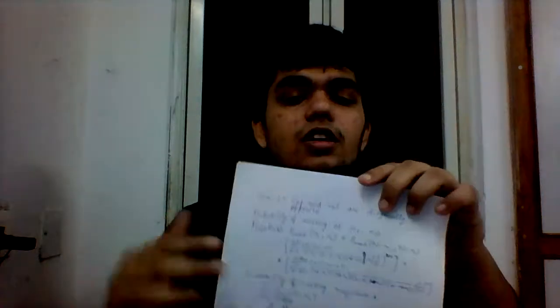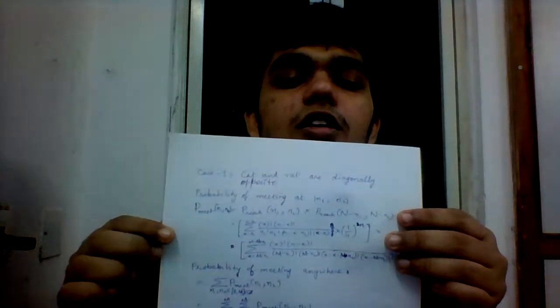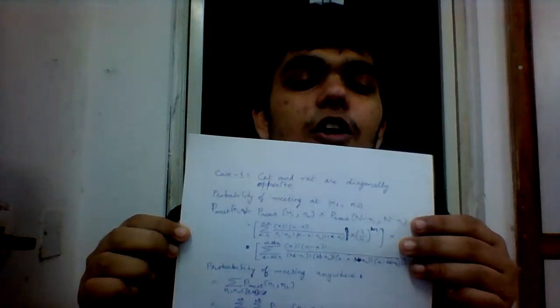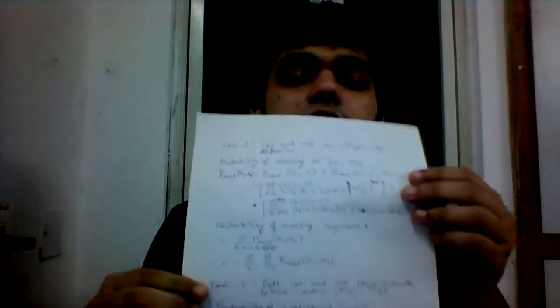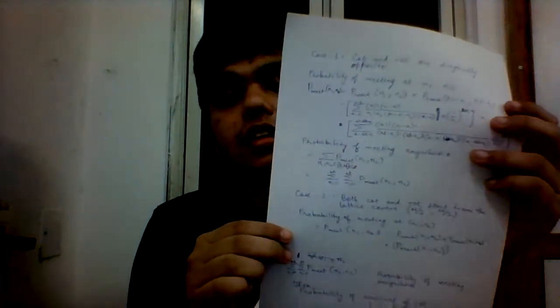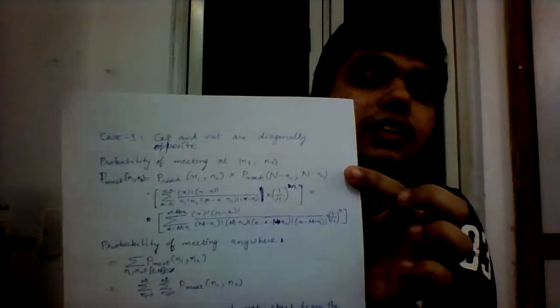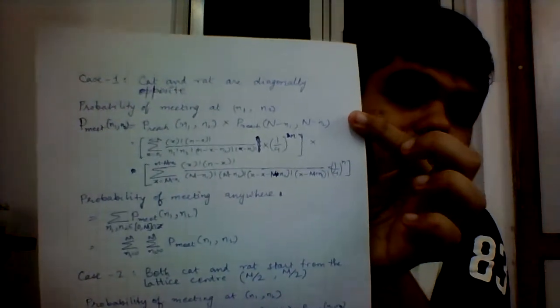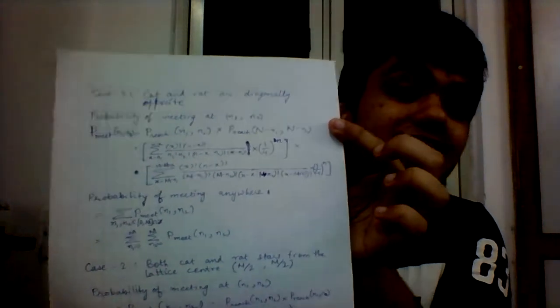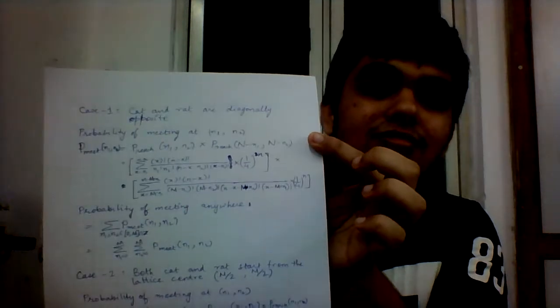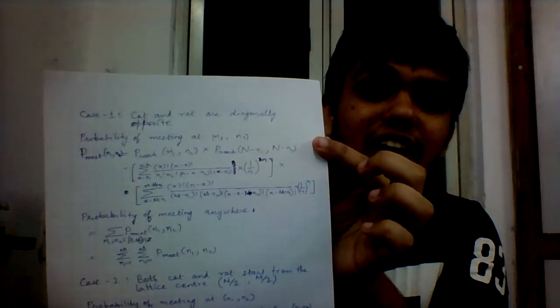Now, if the cat and the rat were to start at diagonally opposite points, then this is what will be the probability of them meeting. So you can note this down if you want.